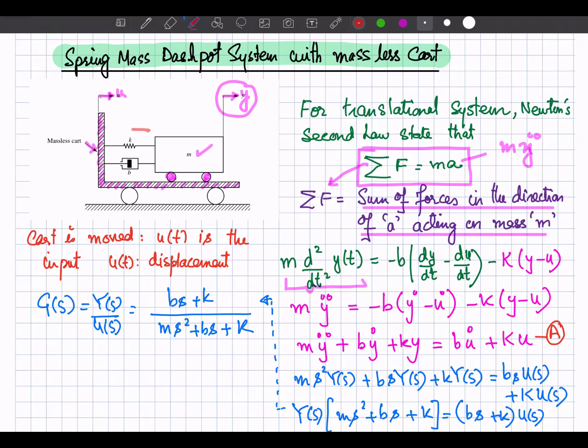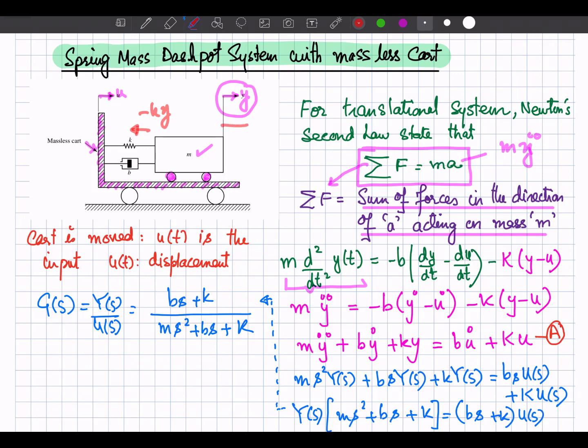So this is the force, that is minus ky, right? But we will have to consider the net displacement.